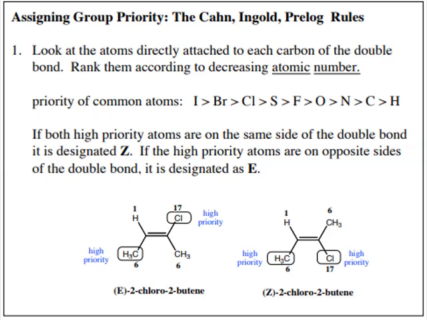The atom with higher atomic number is assigned the higher rank on each end of the double bond. If both of the high priority atoms are on opposite sides of the double bond, it is designated E for entgegen. If both of the high priority atoms are on the same side of the double bond, it is designated Z for zusammen.